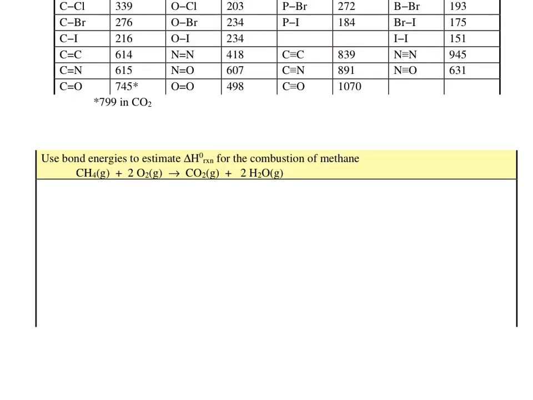Let's go through the process of estimating the delta H for the reaction of the combustion of methane. We would start by drawing our Lewis dot structure for each of these atoms. All right, and we take a look and see the bonds that we need to break.